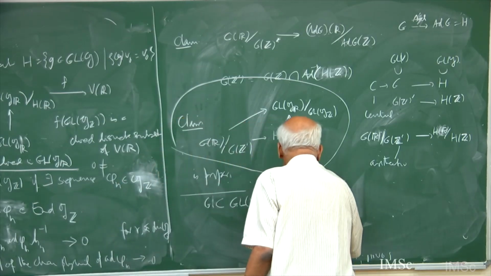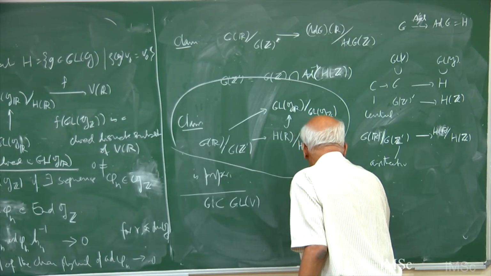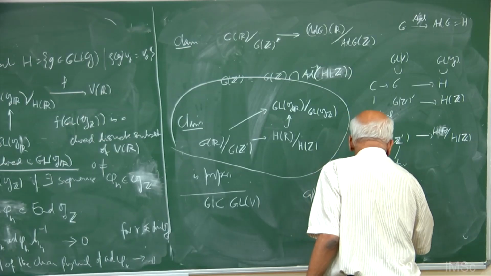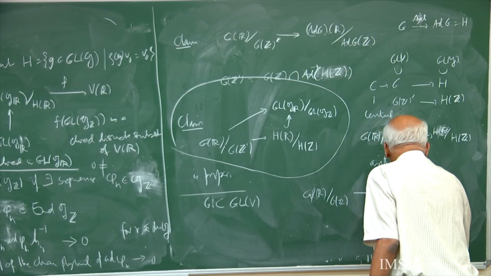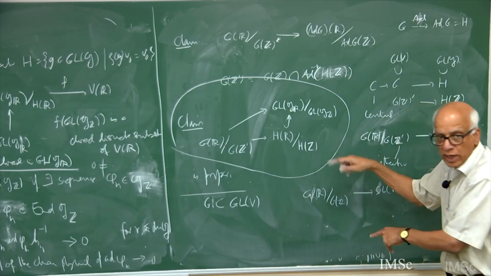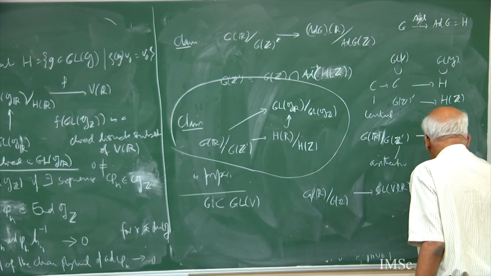the mapping GR/GZ to GL(V, R)/GL(V, Z), so it stays in SL because there are no characters defined over Q, it goes into SL(V, Z).